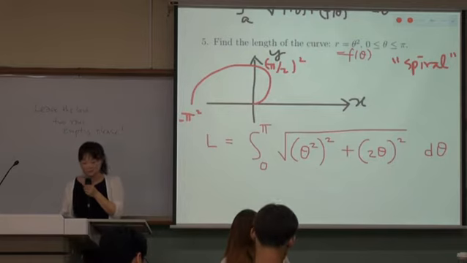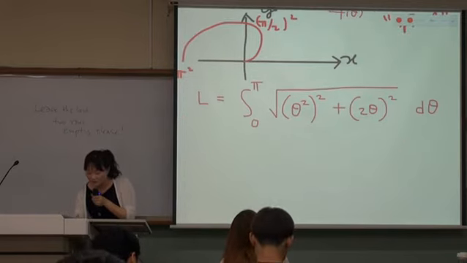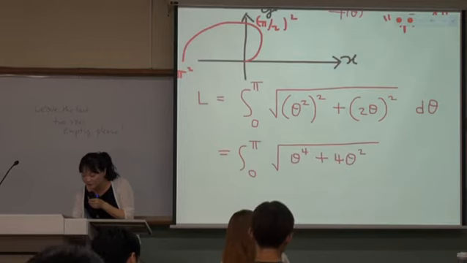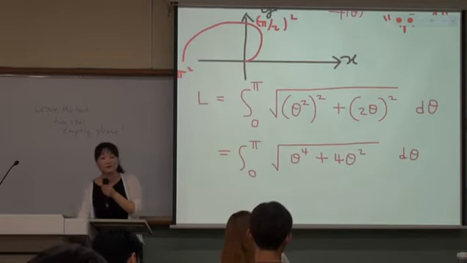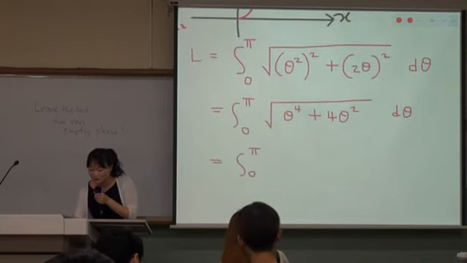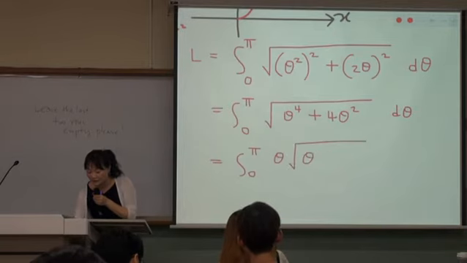Yes? Okay, it's the integral from 0 to pi of the square root of theta to the power 4 plus 4 theta squared d theta. Agree? Yeah. How do we integrate this? What do we take out? Theta squared outside of the square root. Then we will get theta squared plus 4 d theta.